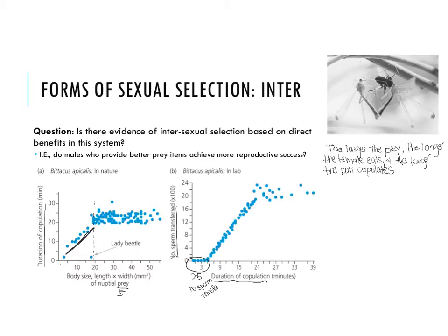And then we see this, right, again, a positive slope that says as duration of copulation gets longer, the number of sperm transferred gets larger. And then that relationship seems to break off at 20 minutes, because you've passed pretty much all the sperm that you can pass. Okay?